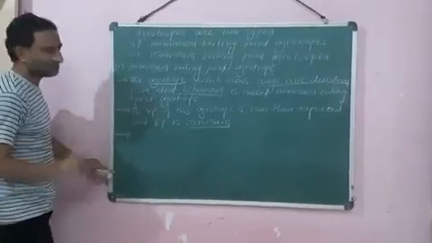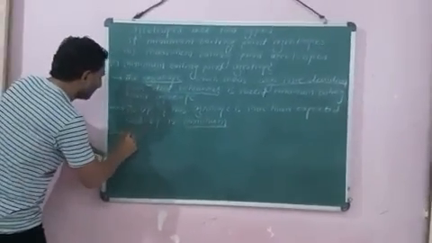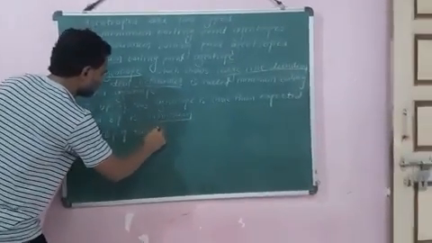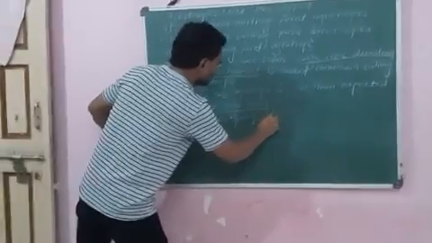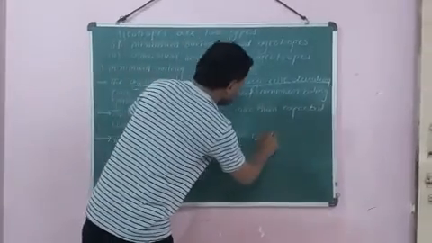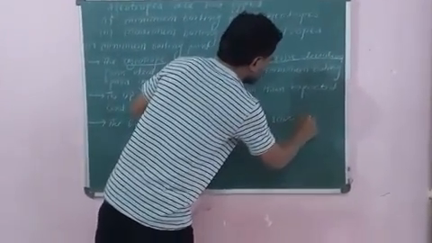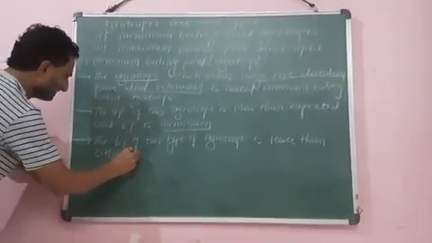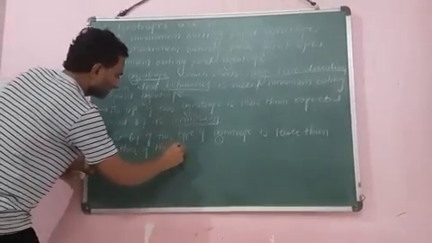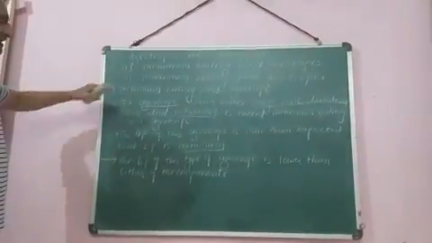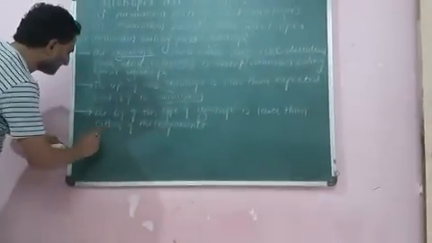What does it mean, the minimum boiling point? The boiling point of this type of azeotrope is lower than either of the components. Let us discuss this minimum boiling point azeotrope with one example.